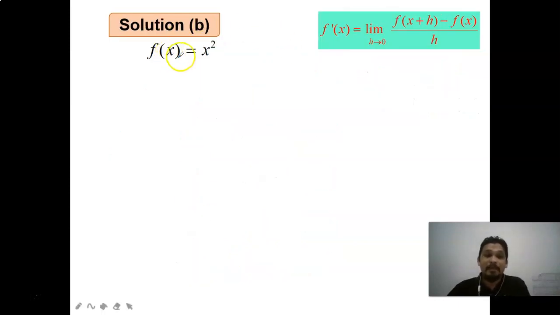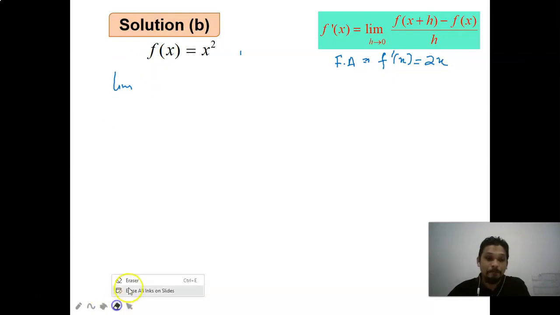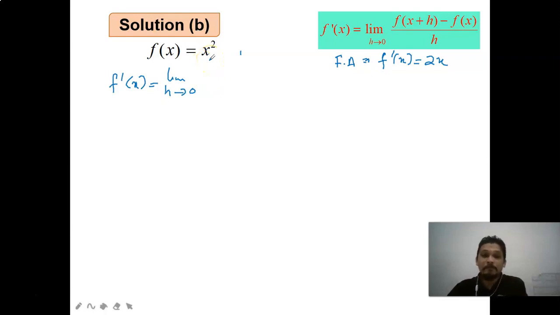Okay, then next, f(x) equal to x squared. So in our mind, the final answer should be f prime x equal to 2x. Okay, so now, f prime x equal to the limit as h approaches 0 of f(x plus h).